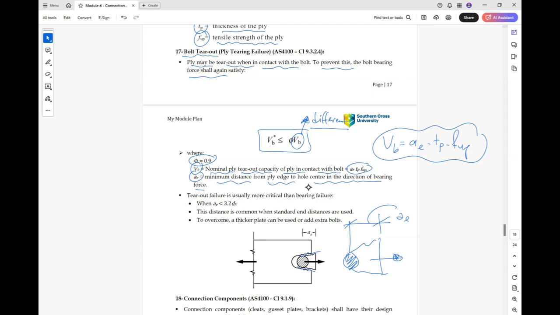And tp is the thickness of the plate again, and fup is the ultimate strength of the ply material. Tear out failure is usually more critical than bearing failure when ae is less than 3.2 df. So if ae is less than 3.2 df, this means that tear out will occur first.